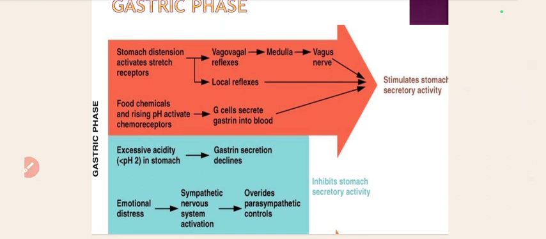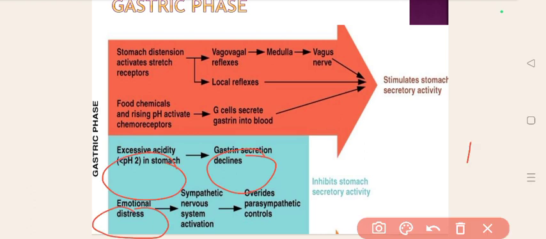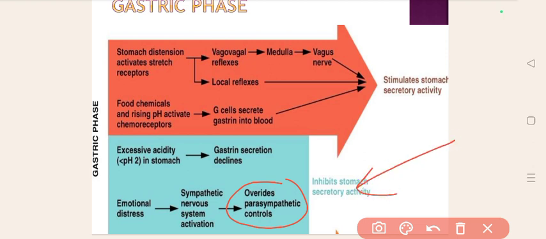That will override the parasympathetic system, and ultimately it inhibits the stomach secretory activity. That will inhibit the HCl secretion if you are in stress.